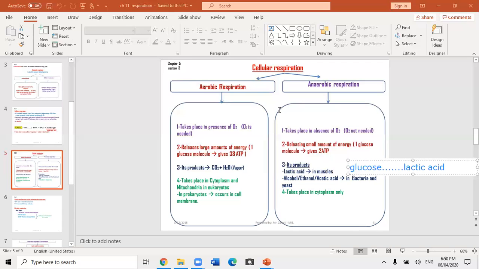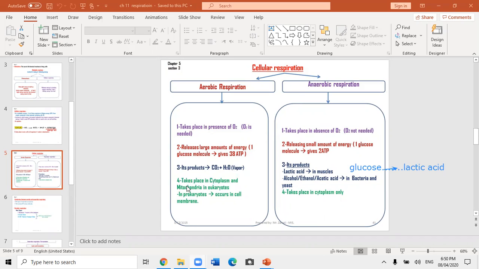Okay, we can simply draw this here. So glucose can give lactic acid directly, in the absence of oxygen. No oxygen here. Already we talked about the process, which is glucose plus oxygen to give CO2 plus H2O.